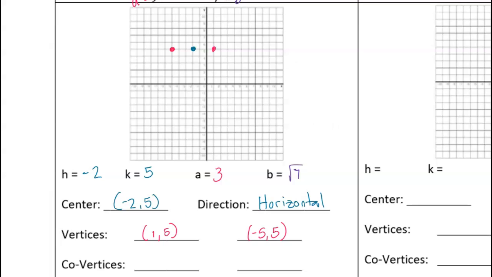So from my vertex, I'm going to go up a little bit over 2.5. I'm not going to put a point. I'm going to draw a line there because that's going to determine the top line of my box. And I'm going to go a little over 2.5 down from my center. And then, because I know it will help me draw this, I'm going to finish drawing my box.